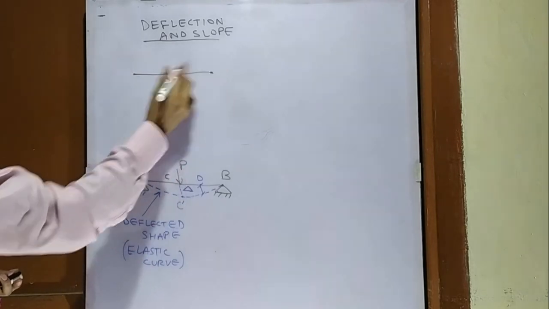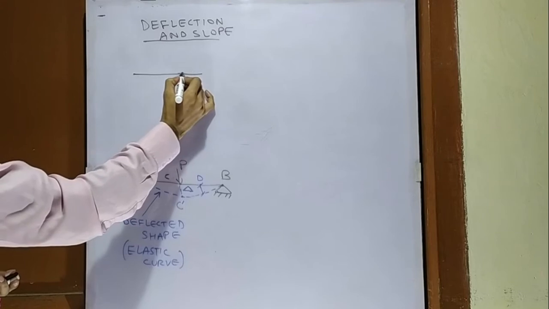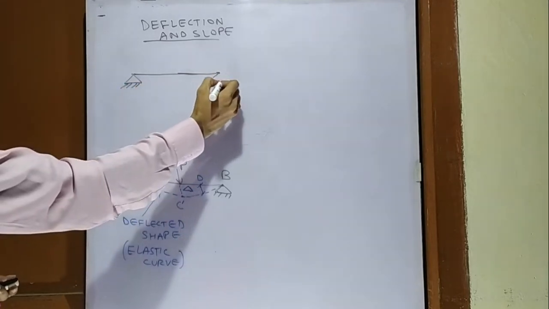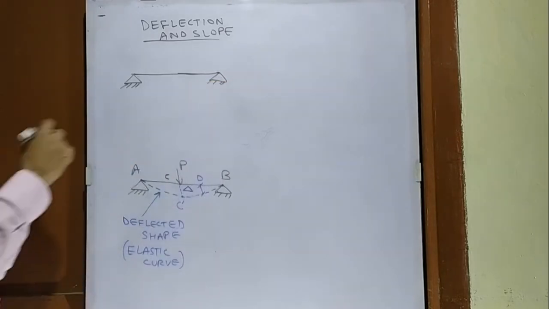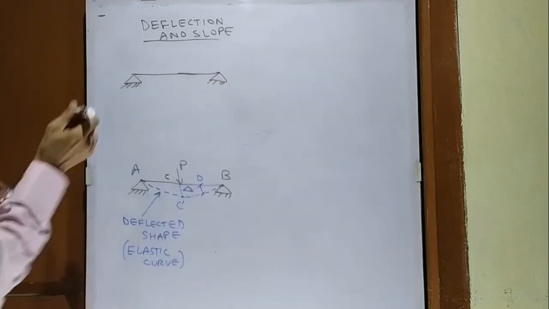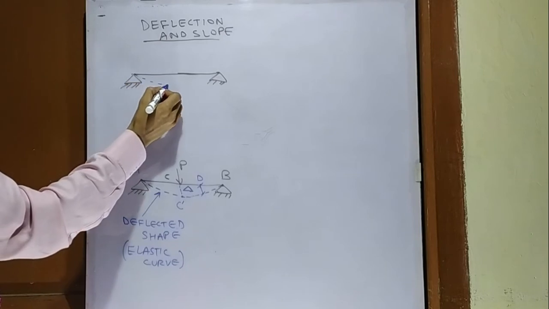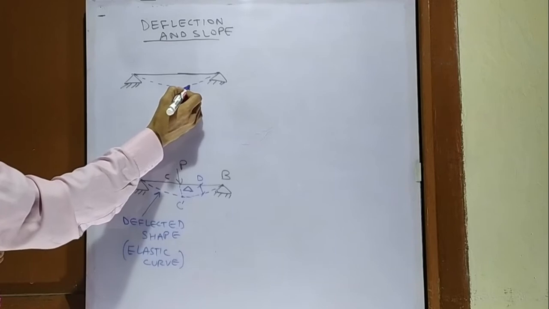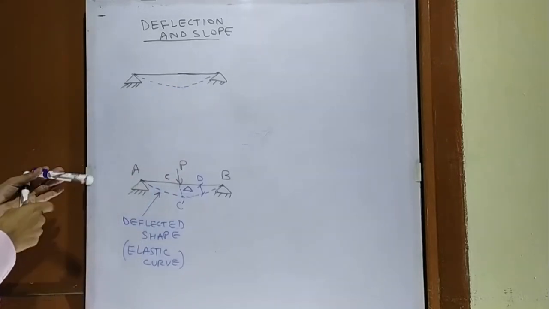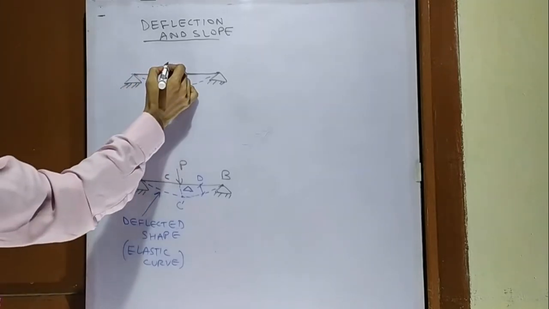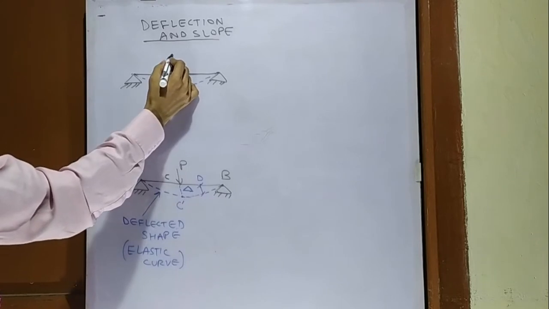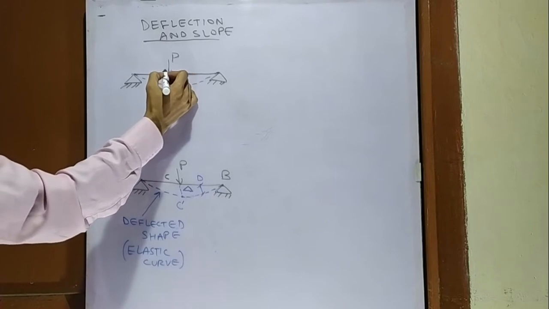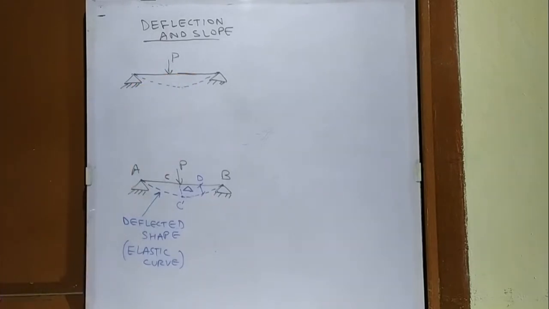This is our beam, which is pinned supported at both the joints, and this is the deflected shape of our beam under the loading condition which is applied at the midpoint of the beam. This is the load which is applied at the midpoint of the beam.